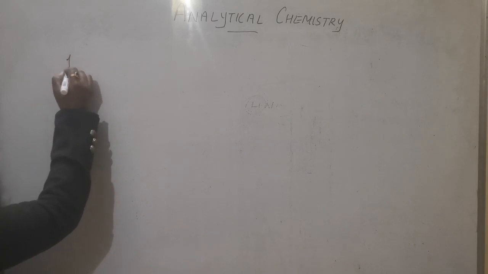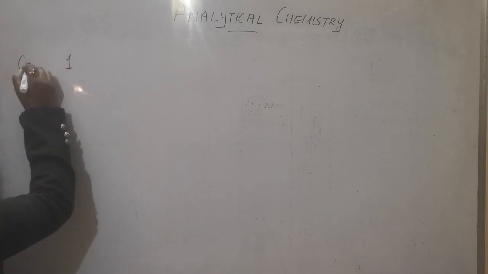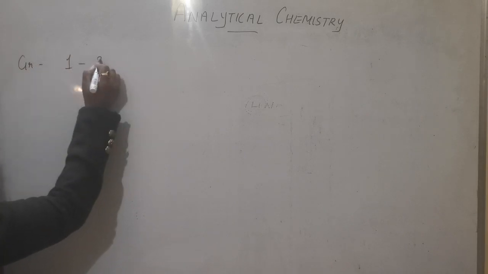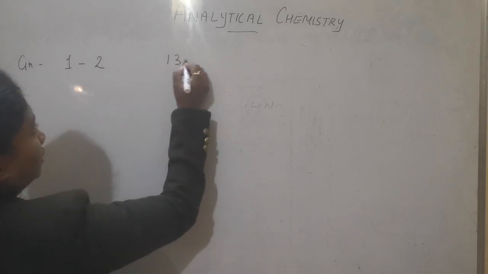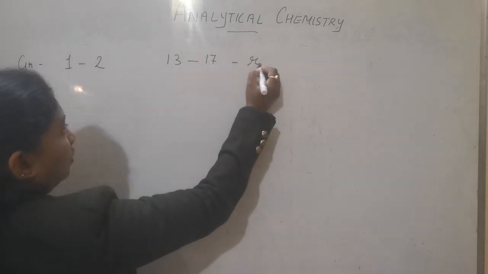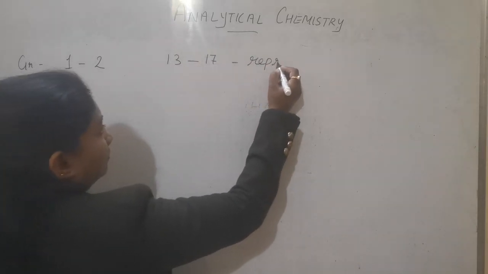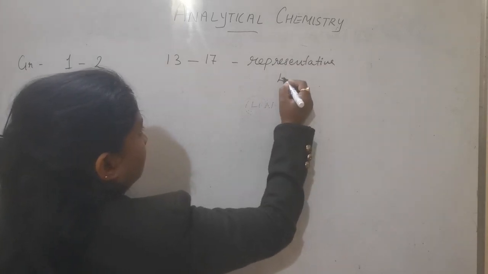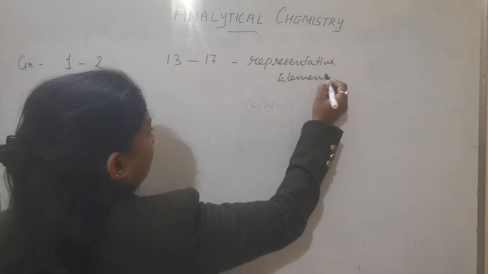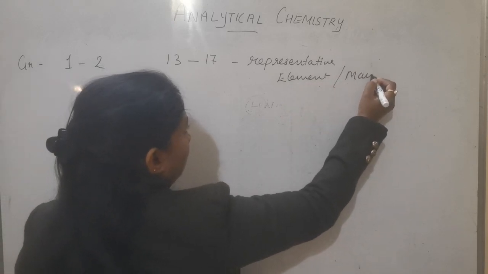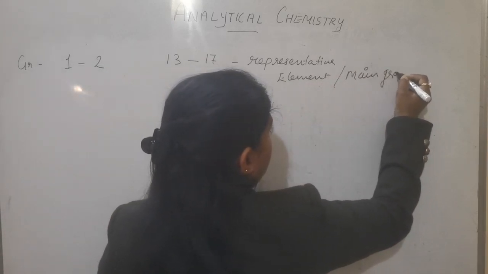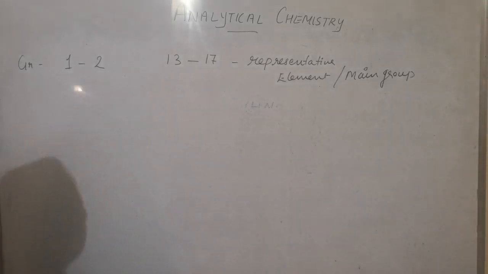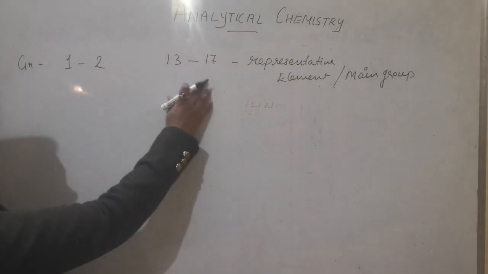See, elements of group 1, 2 and from 13 to 17 are called representative elements or main group elements. Group 1, 2 and from 13 to 17.